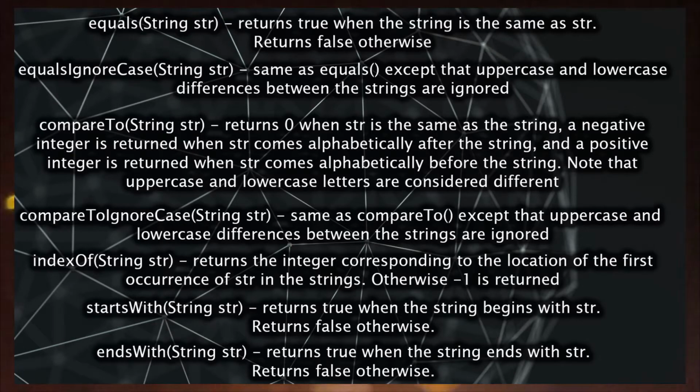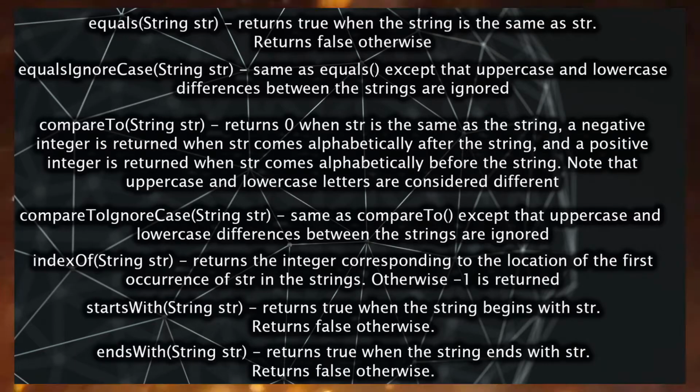We have compareTo(String str), which returns 0 when str is the same as the string. A negative integer is returned when str comes alphabetically after the string, and a positive integer is returned when str comes alphabetically before the string. Note that uppercase and lowercase letters are considered different. We have compareToIgnoreCase(String str), same as compareTo, except the uppercase and lowercase differences between the strings are ignored.